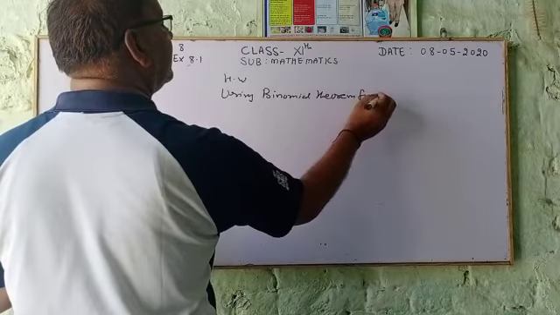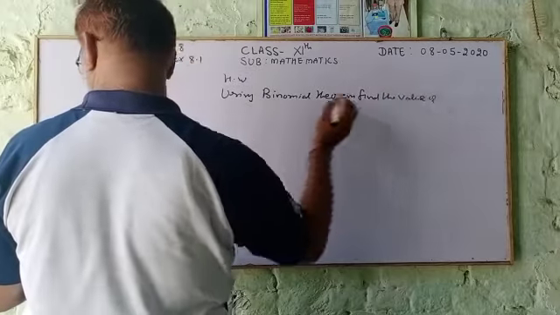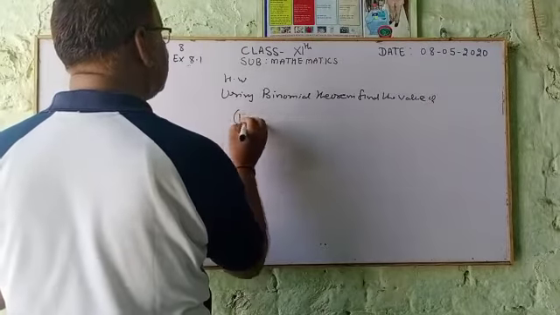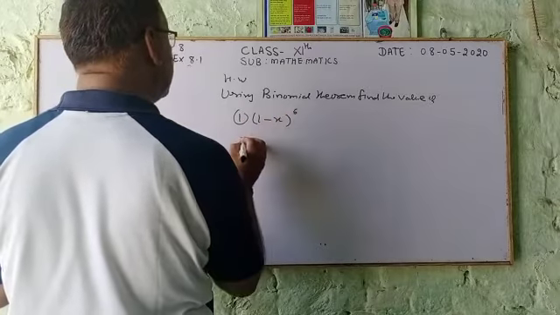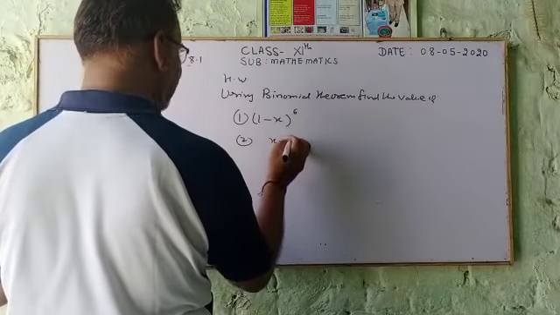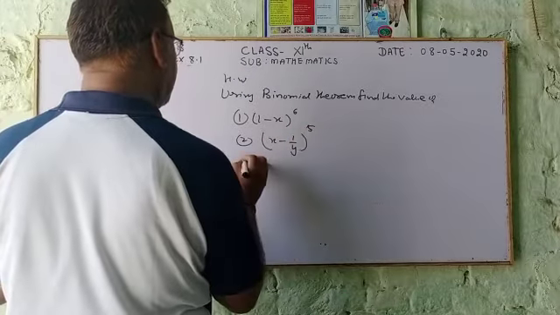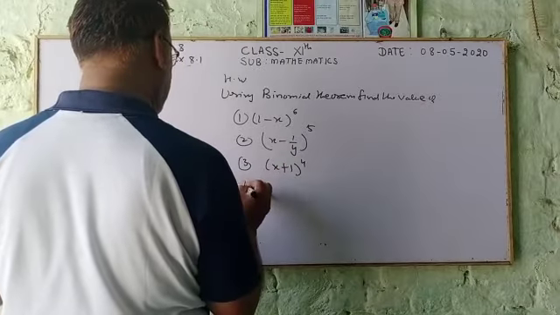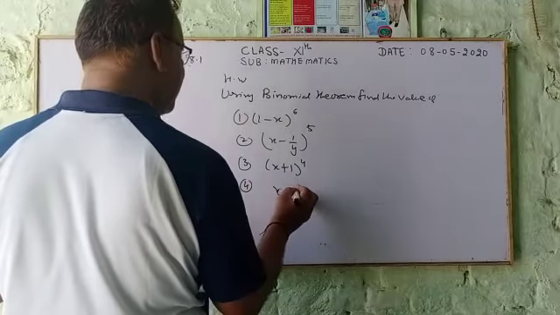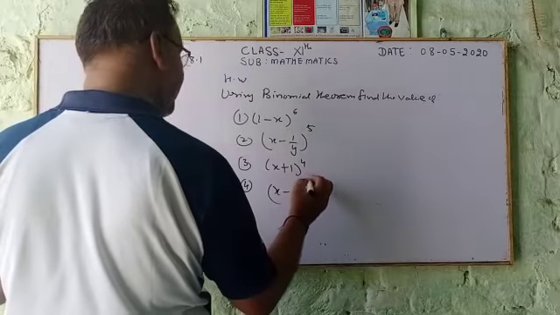Find the value of: question 1, (1 minus x) raised to power 6. Question number 2, (x minus 1 upon y) raised to power 5. Question number 3, (x plus 1) raised to power 4. Question number 4, (x minus 1 upon 2x) raised to power 5.